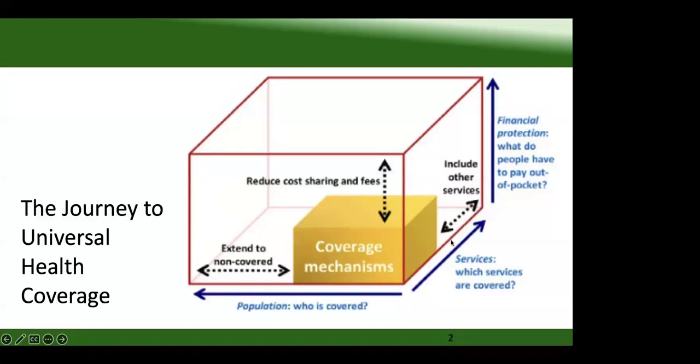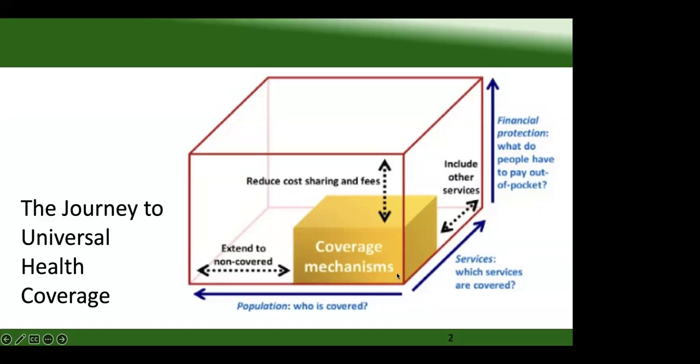The z-axis describes the services you are providing in your coverage. So if you're providing only malaria services, your cube will look something like from here to this place. Only malaria. So all the other things, HIV, TB, hypertension, non-communicable diseases, immunization services will all not be covered. So your box will be very thin here, but then because you're covering everybody for malaria, it would extend to this point.